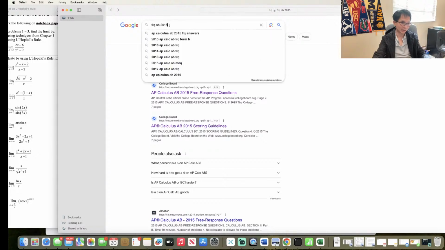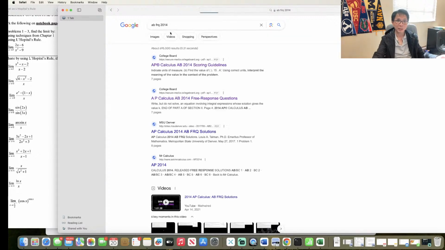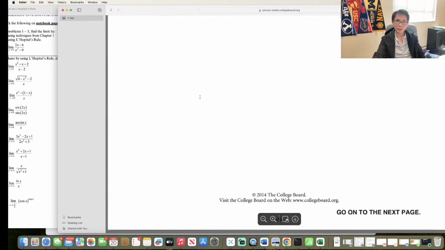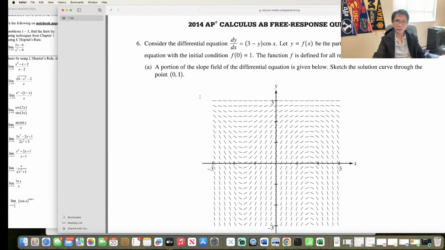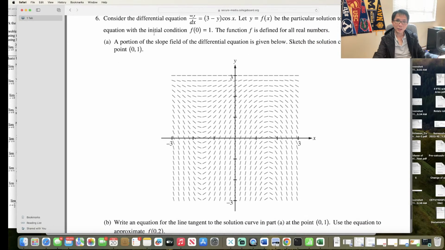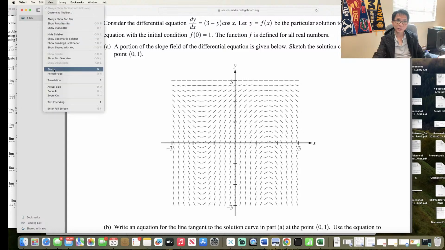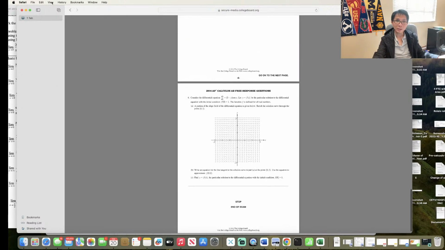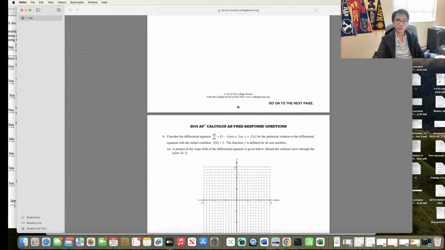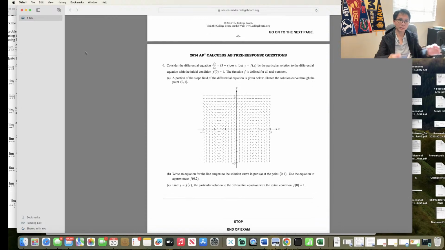Ooh, I like this one. Lovely. View actual size. View zoom in. Second question.